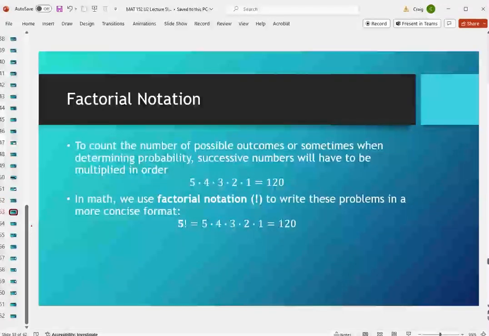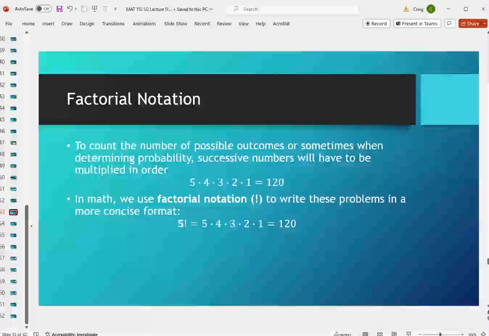Now, in the last section, I pointed out to you towards the end that we had a problem where we were multiplying numbers in order, 7, 6, 5, 4, and so on. Sometimes we have to do that in particular problems to count the number of possible outcomes, and sometimes it's just easier to deal with.